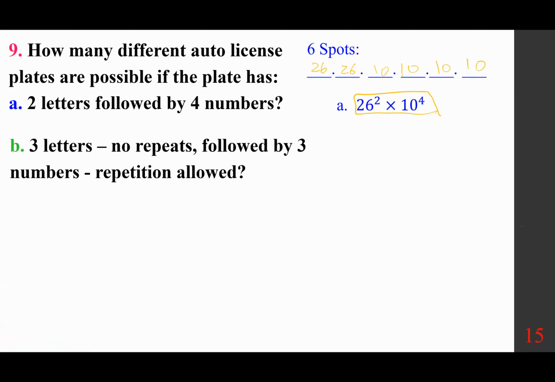3 letters, no repeats, followed by 3 numbers, repetition is okay. Well, 3 letters, so that means 26, but we can't repeat, so it goes down to 25, then it goes down to 24, and then when we go to digits, it's 10 here, but it doesn't matter. The other ones can be 10 also, because we can repeat them.